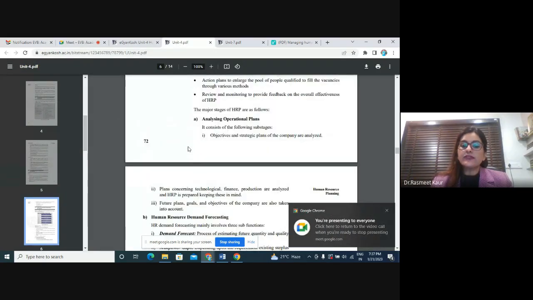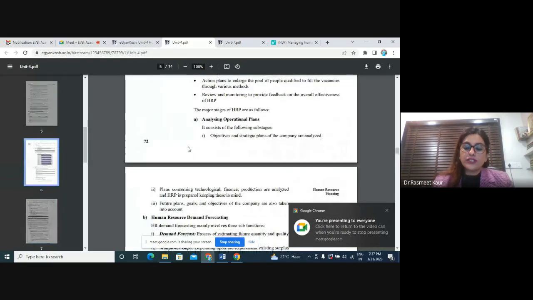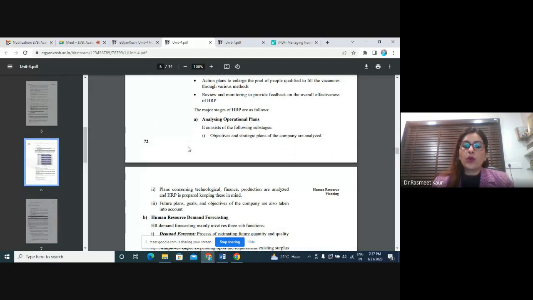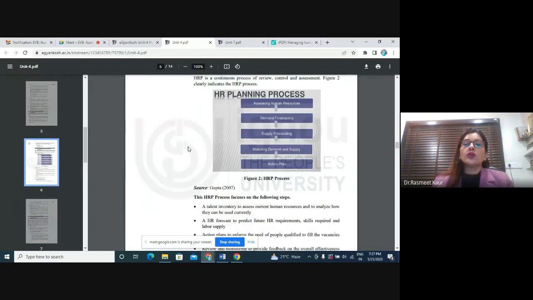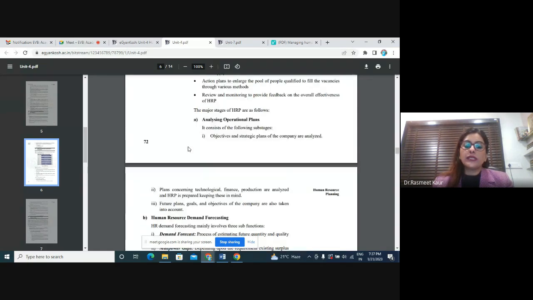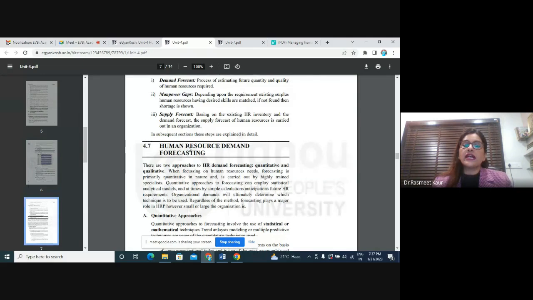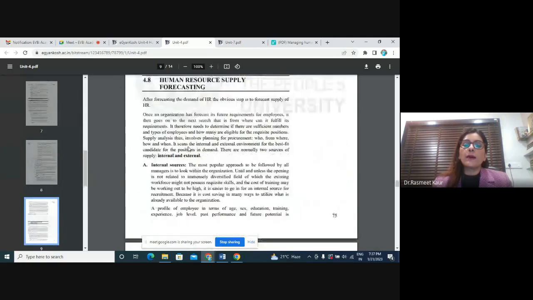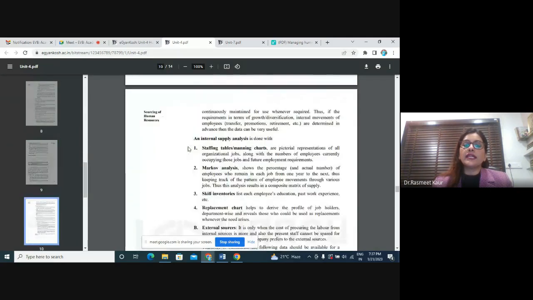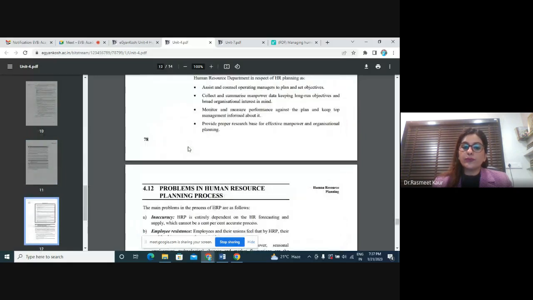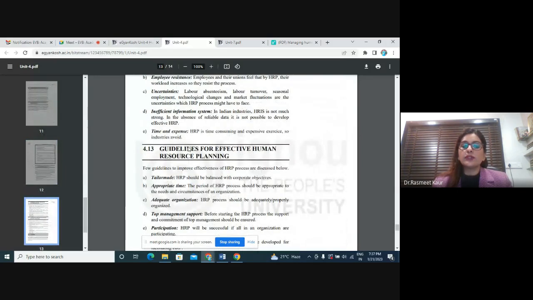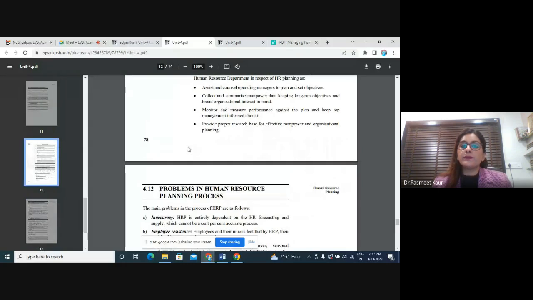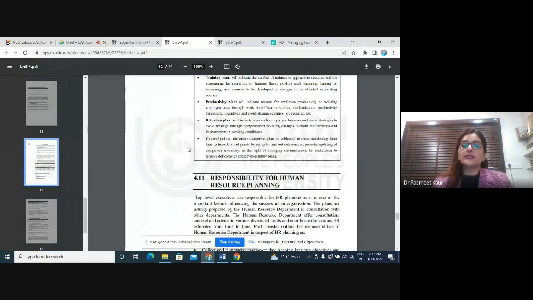I am basically trying to focus today more on the first function of HR, that is procurement function. As I said, your second block is all about your procurement function only. So once you do the entire HR planning, then you come to the second important area, which is called recruitment. There are certain things which are already mentioned in this PDF, and I have spoken some part of it.